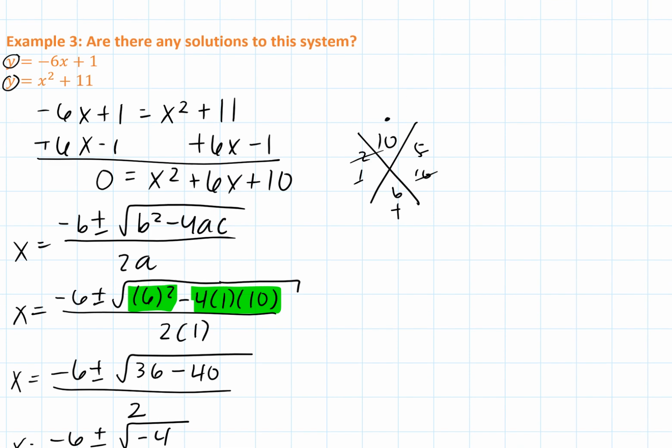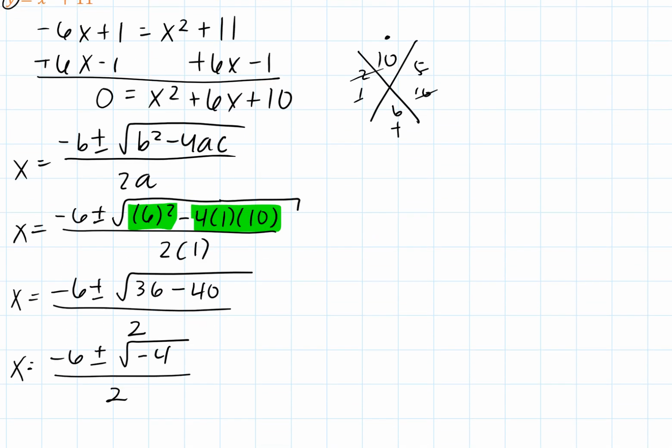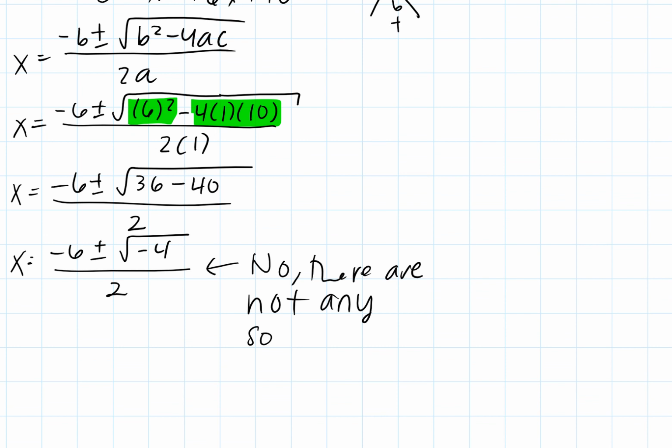The question didn't ask us to name the solutions, they just asked, are there any solutions? Because I'm getting an imaginary value for the x value, and we can't plot imaginary points, we can conclude at this point, no, there are not any solutions to this system of equations.